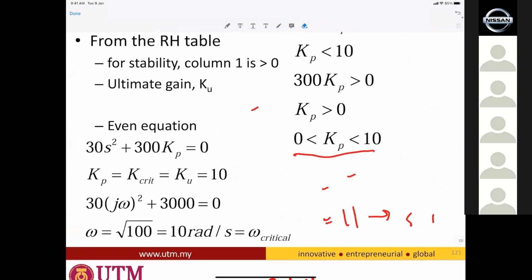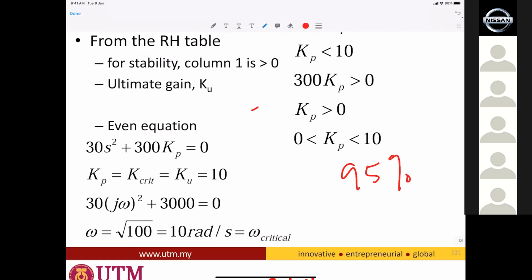Because some of the Malaysians, they don't understand mathematics. Even a simple percentage. The Pfizer vaccines, COVID-19, 95%.